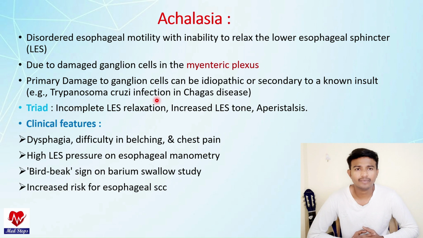Two types of problems will be there. Because of damage to the myenteric plexus ganglion, this is idiopathic, and we call this the primary cause. And the secondary cause damages the myenteric plexus because of Trypanosoma cruzi infection. We will study that in Chagas disease.